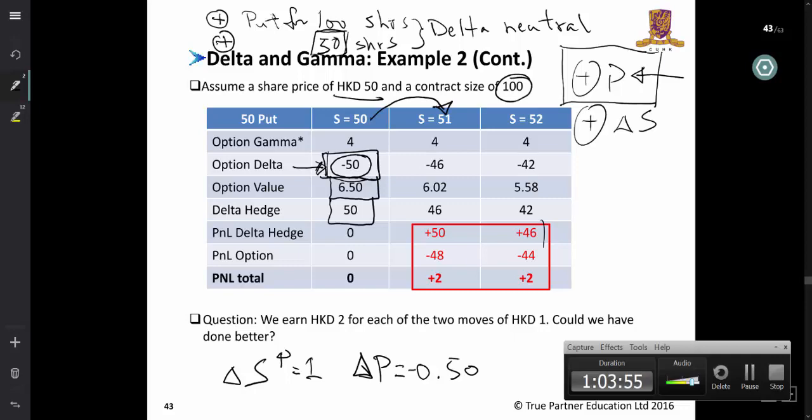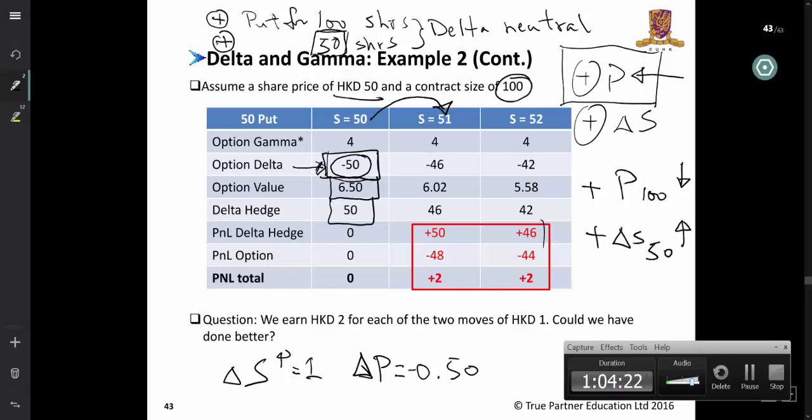First of all, you are long a put for 100 shares, and you are long some shares, only 50 shares. And when the price rises, I'm not so happy about the put, but I am okay with being long shares.